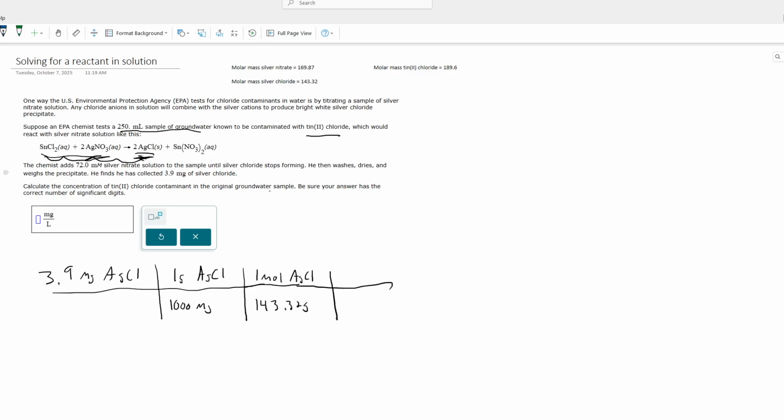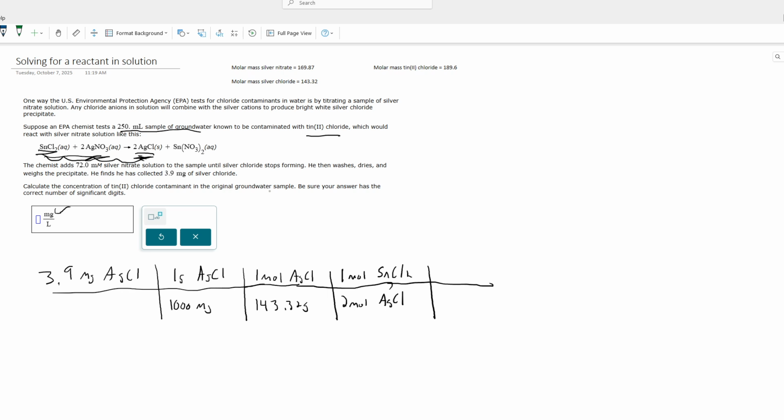Okay, nice. Now I know that if I go back to the stoichiometry, for every 2 moles of the silver chloride, I'm going to consume 1 mole of the tin chloride. All right, now we want to know this. It looks like our answer we want in milligrams.